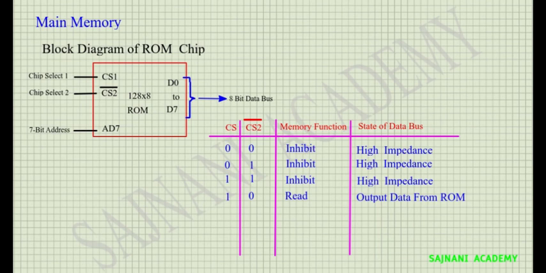Now let us see the block diagram of a ROM IC. The function of the ROM IC is only to read the data stored in it.